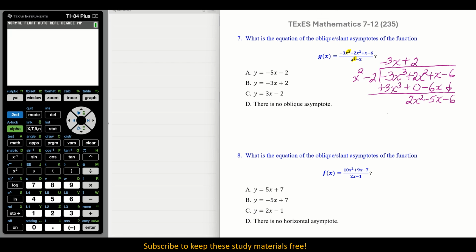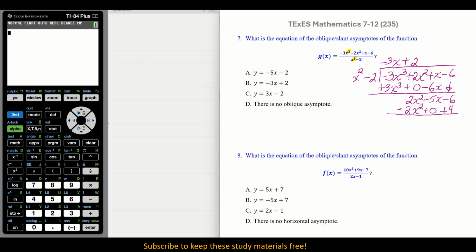So that gives us 2x squared. Well, we're subtracting it, so we use the opposite sign so we can subtract. And now 2 times negative 2 is negative 4, but that's a plus 4. So we put our plus 4 here. Notice that we don't have anything to pair up with our minus 5x, so that's just plus 0, a little placeholder.